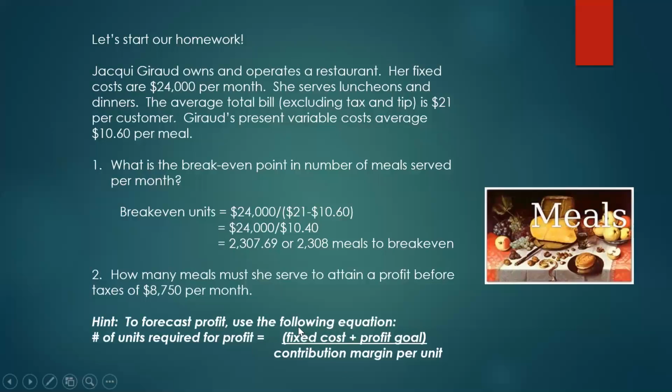Fixed cost divided by contribution margin per unit is the same equation that we've had before. This time we're just figuring out fixed cost plus profit goal divided by contribution margin per unit. So how many meals must she serve to attain a profit before taxes of $8,750?